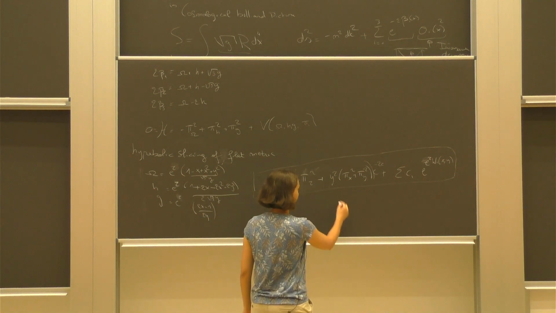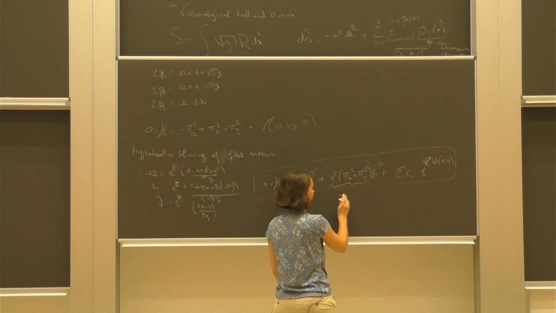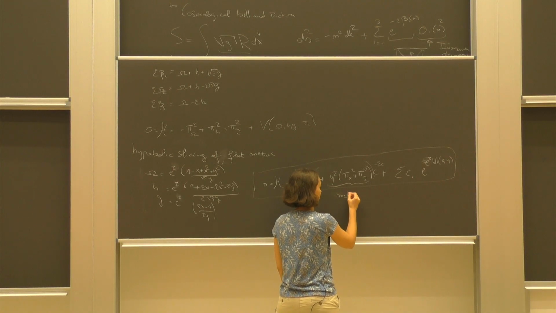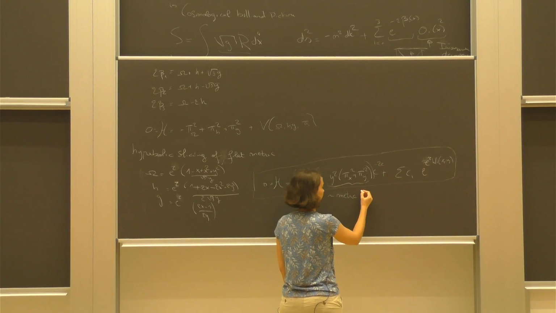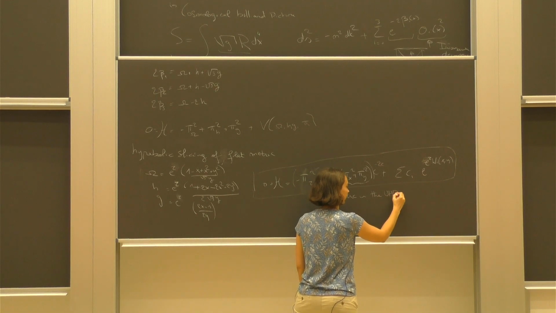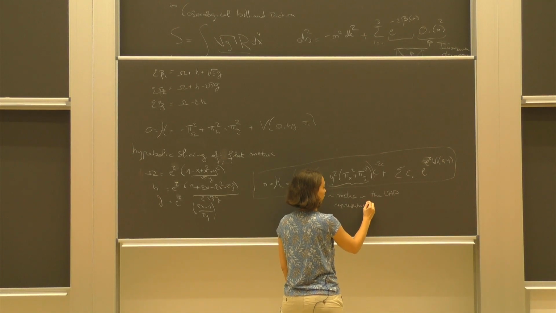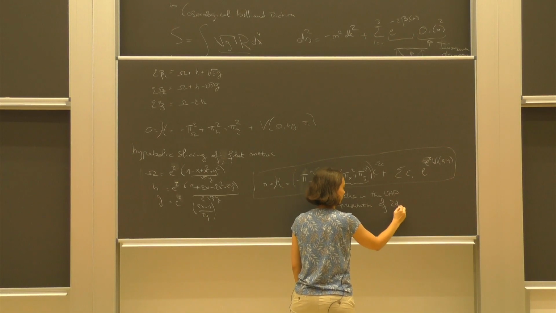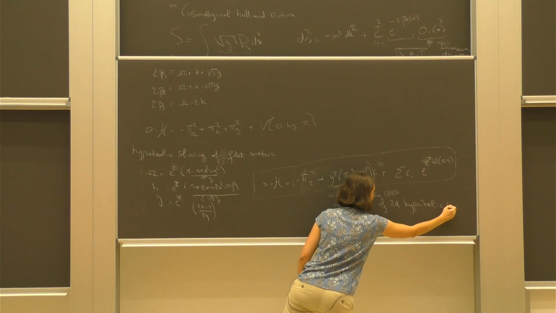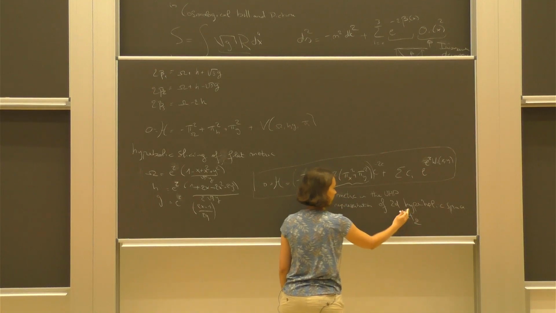And then what you see appearing here is the metric in the upper half plane representation of 2D hyperbolic space, which from now on I'll just call H2.